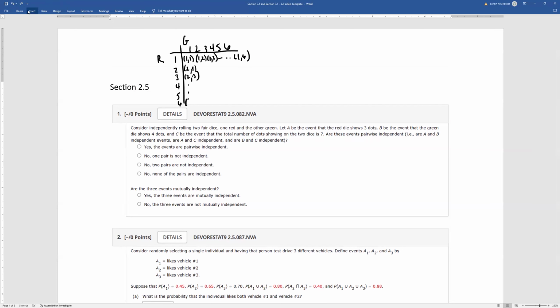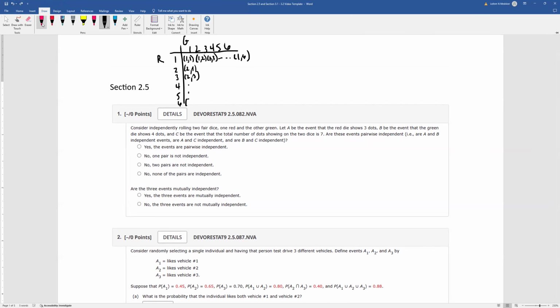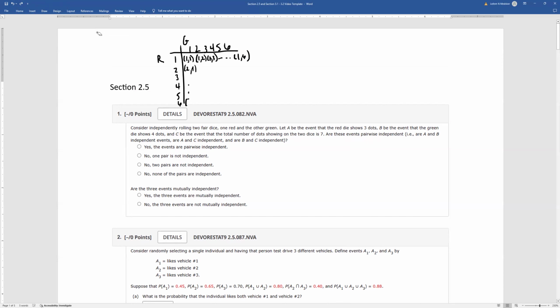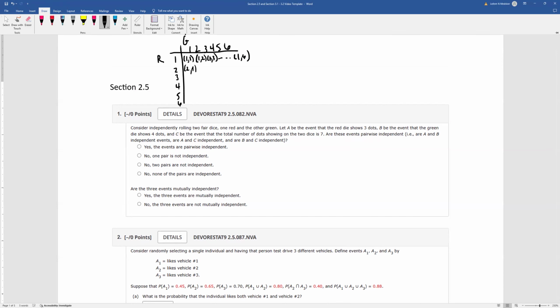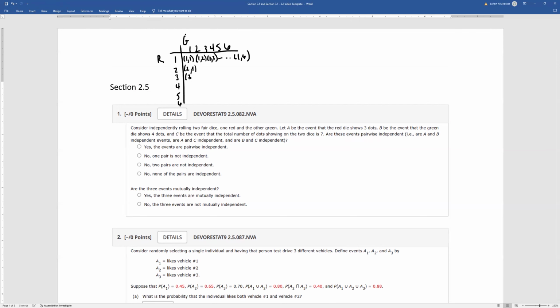This third one shouldn't have been 2, 3. It should have been 3, 1, because you're just changing the red one, but not the green one. So 3, 1, and then 4, 1, all the way down to 6, 1. Then you can go all the way across and you'll end up with 6, 6. So this is a 6 by 6 chart, and we're going to have 36 possible rolls in the entire universe.